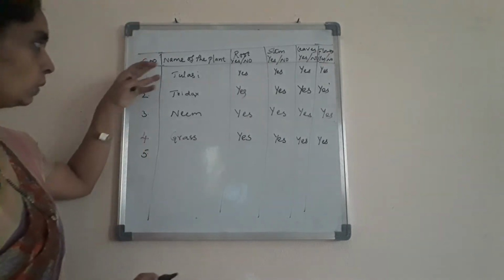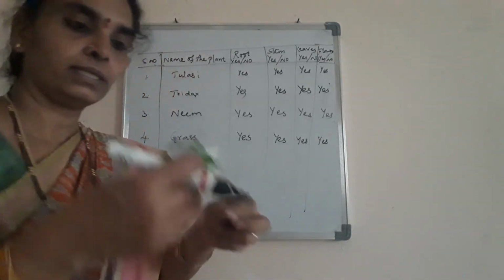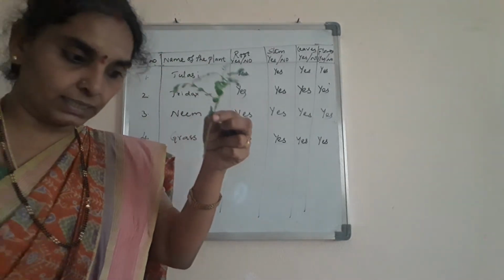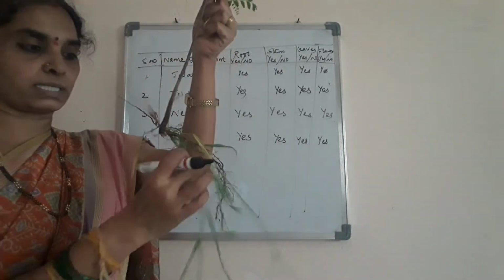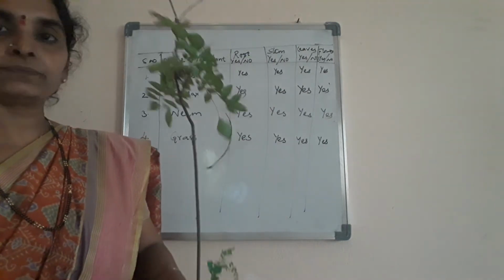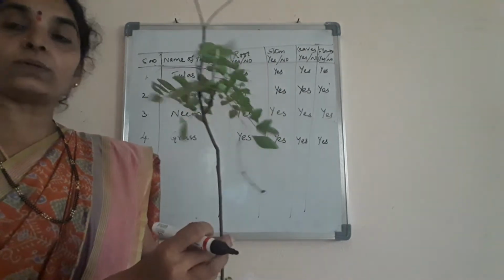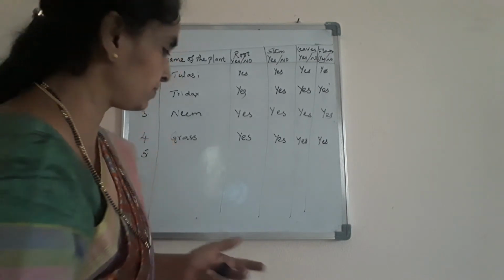So we have seen tulasi, Tridax, neem, grass and curry leaf plant. This is a curry leaf plant, and the bigger one also I have shown you, with the root system, stem and the leaves. It also contains the flowers when it grows over. Seeds also are developed from it.